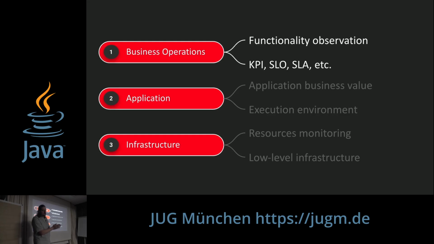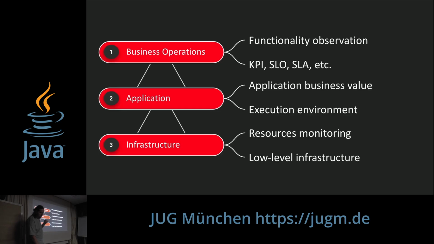And on the business operations level, it is very important to involve your product and business side as well, to design together what is most important, what is less important for product, what it means that one feature or functionality is misbehaving, and to monitor all such kind of stuff.